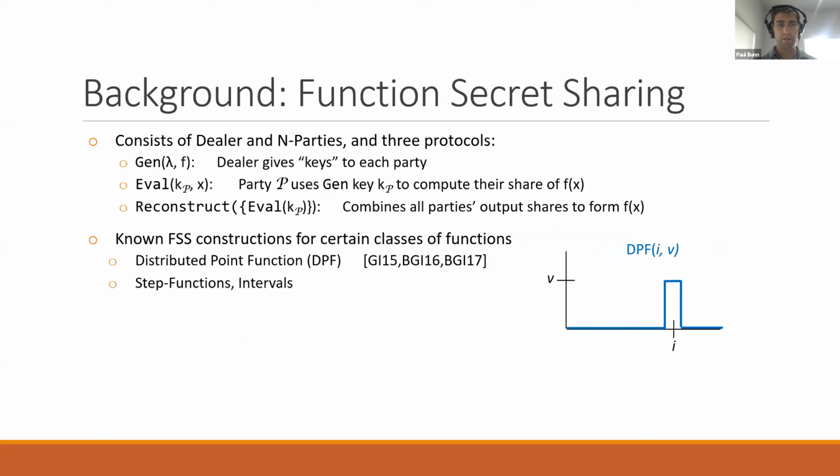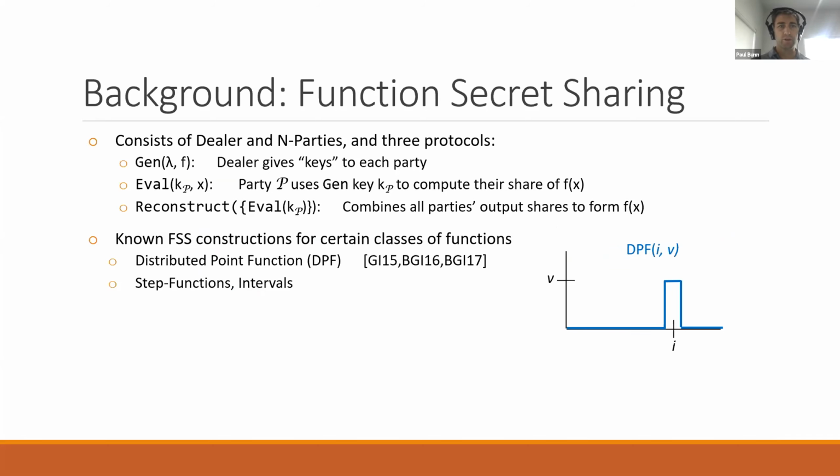Concretely, a function secret sharing scheme has three protocols. There's a dealer who knows the function and distributes some compact representation of that function, called keys, to each of the parties. That's the Gen protocol. There's an Eval protocol where each of the parties, given their key share and some public input evaluation point x, computes their share of the output of the function on that input.